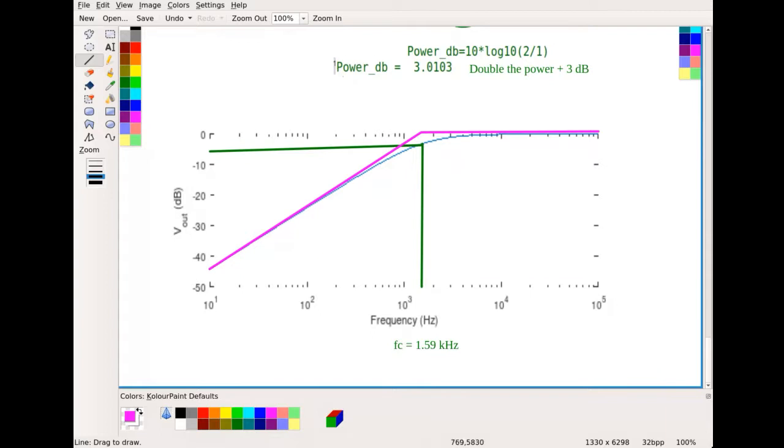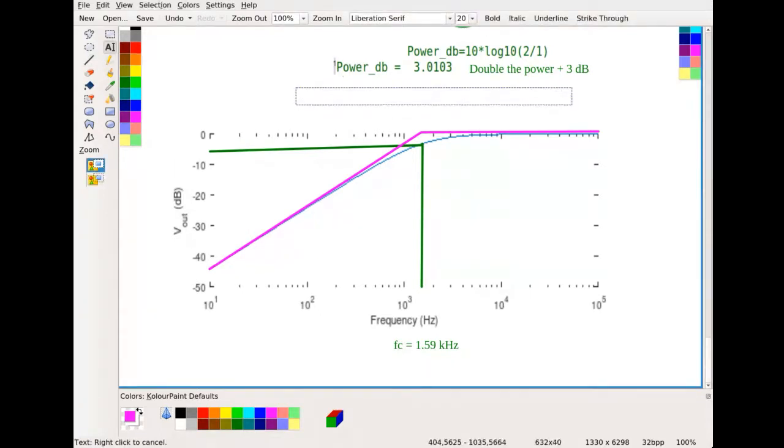So this is the magnitude anyhow. All you do is draw this straight line to the cutoff frequency, and then you draw another straight line that's dropping at 20 dB per decade.